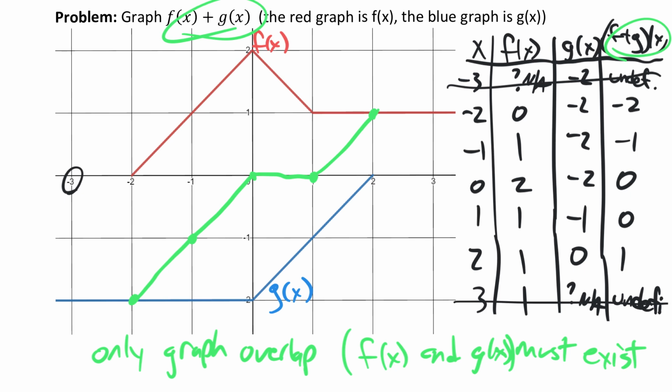I also just think the shape is pretty cool, right? It's kind of like this, and then flat, and then goes up again. And it's just fun. It's interesting to graph f plus g. And as long as we make a table, we're good to go. Again, how are we making this table? The important thing here is that we are adding the y values.